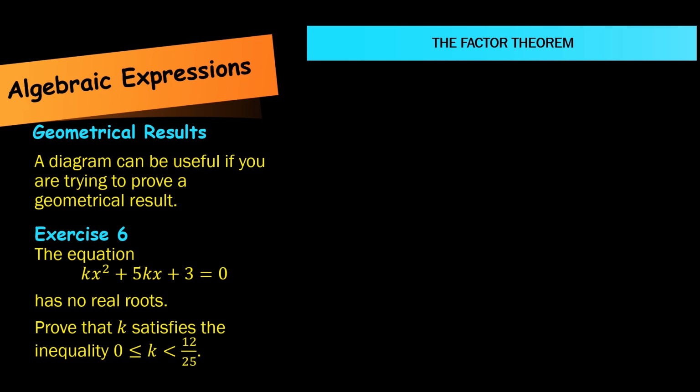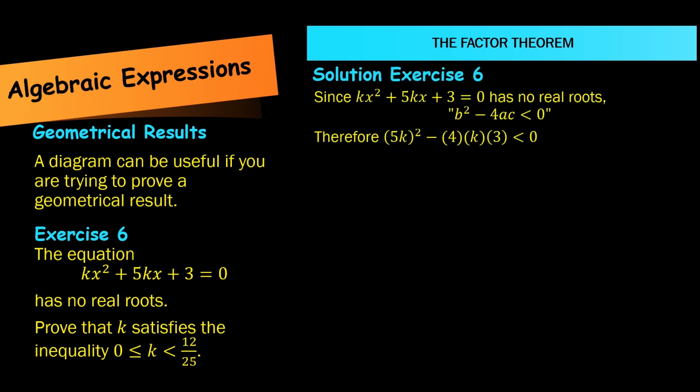So let's solve this. Now, since our quadratic has no real roots, b squared minus 4ac is less than 0 in our conventional notation. Therefore, 5k all squared minus 4 times k times 3 is less than 0.